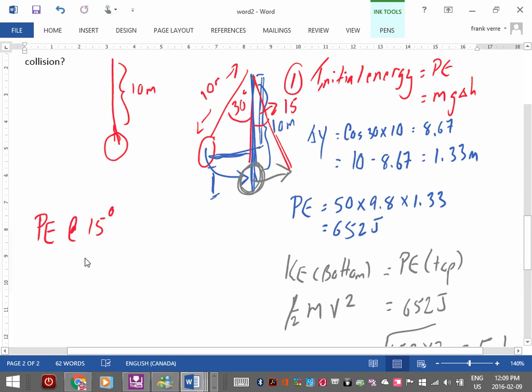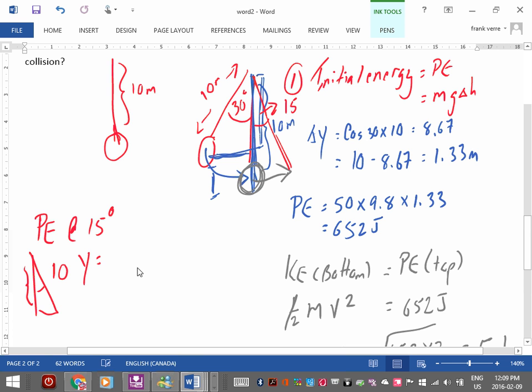We can do the exact same thing we did before. We have a triangle here, and the hypotenuse is fixed because it's the length of the cable, which is 10.